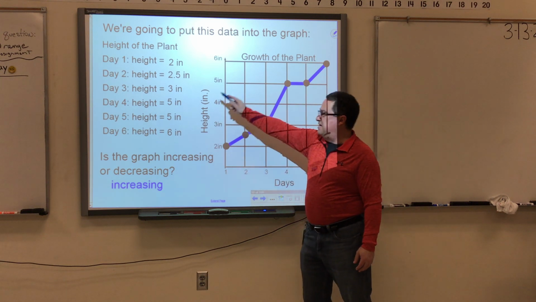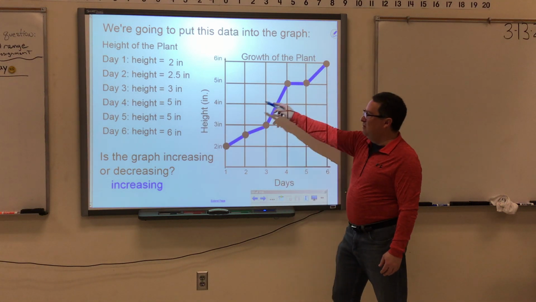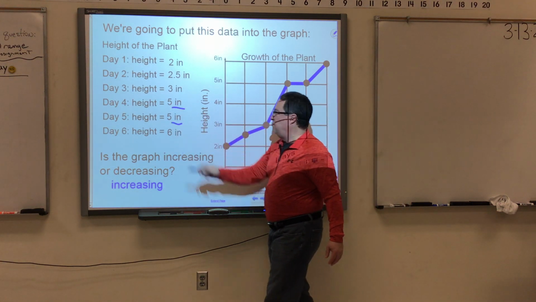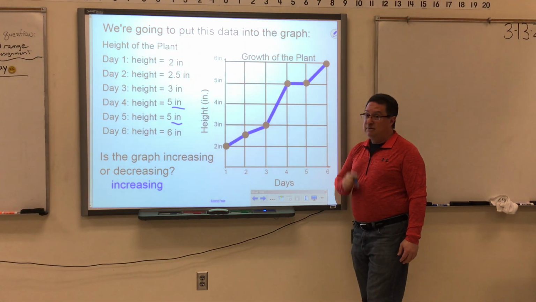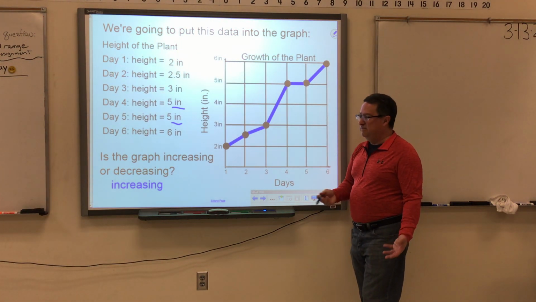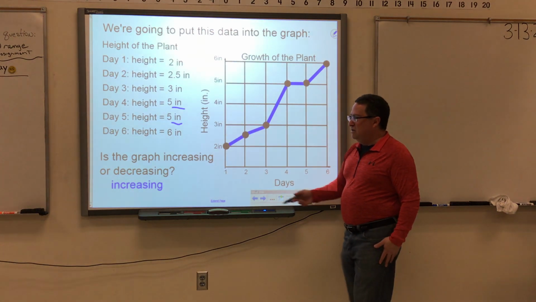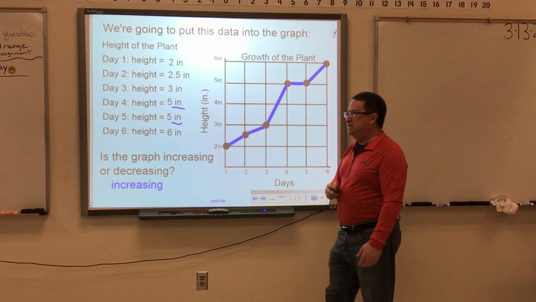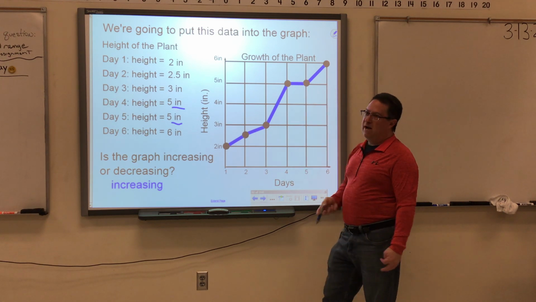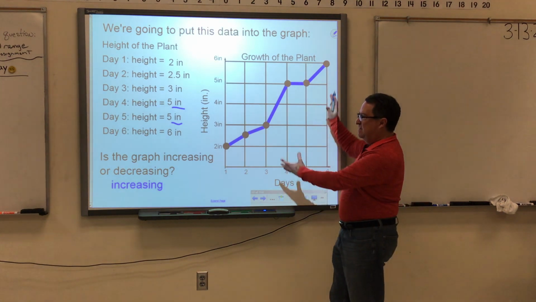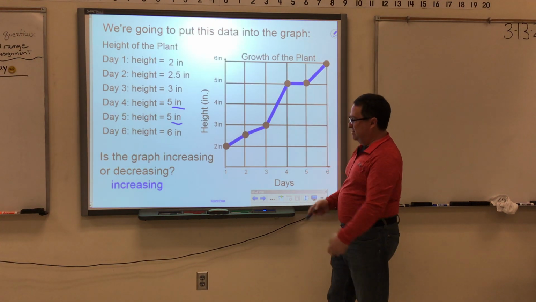Day 3, 3, etc., etc. You'll notice that day 4 and 5 are both the same, so the line is actually horizontal. It happens. Some days we just don't grow. So, is the graph increasing or decreasing? The graph is increasing. Even though one day it didn't increase, as a whole, the graph is increasing.